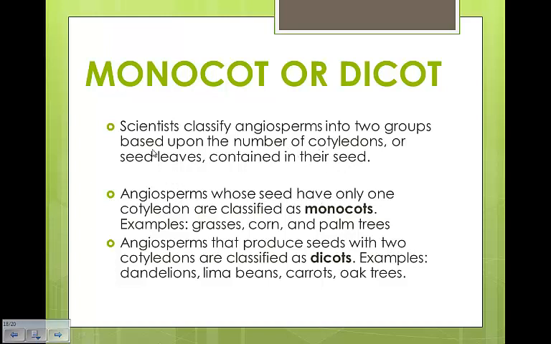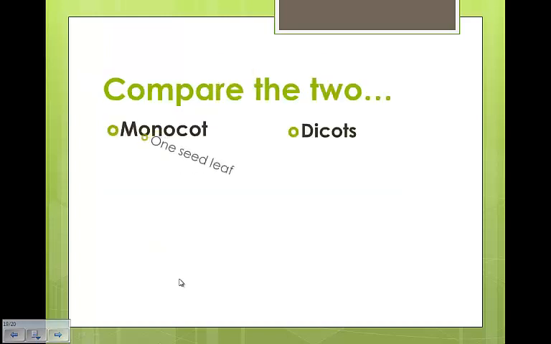That cotyledon is a seed leaf. Monocots have one seed leaf. You need to know the examples: grasses, corn, palm trees. Dicots have two seed leaves, two cotyledons, and examples are dandelions, lima beans, carrots, and oak trees. We're going to look at some comparisons here.